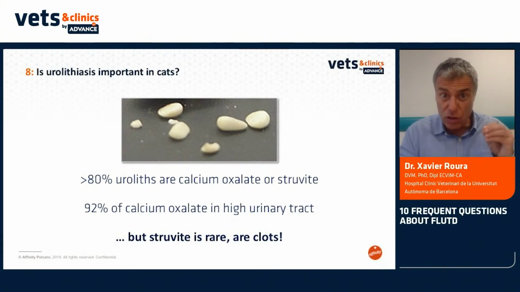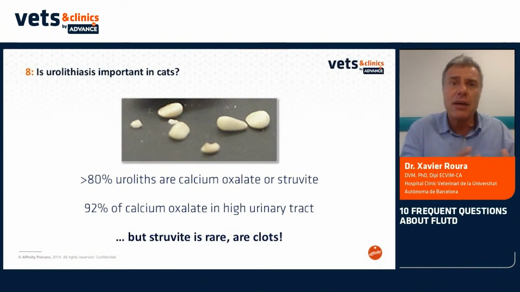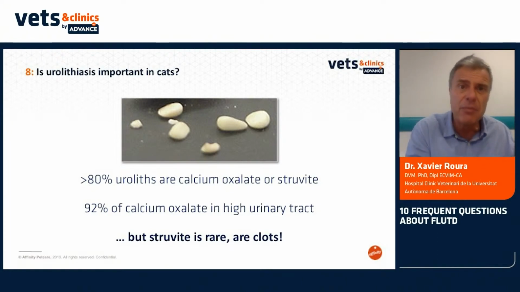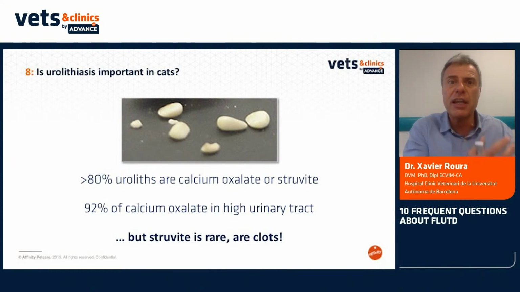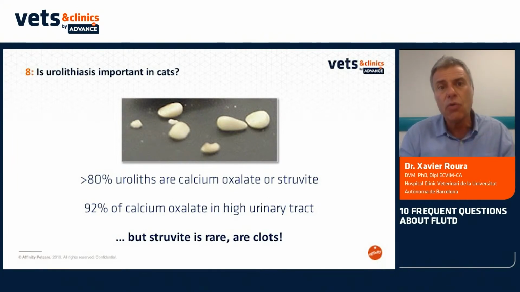This is the reason that in cats, we can use the X-ray as a first test the first time they arrive at our clinic with this kind of clinical sign. If we find one of these uroliths, we can explain the cause of the clinical signs by this urolith.